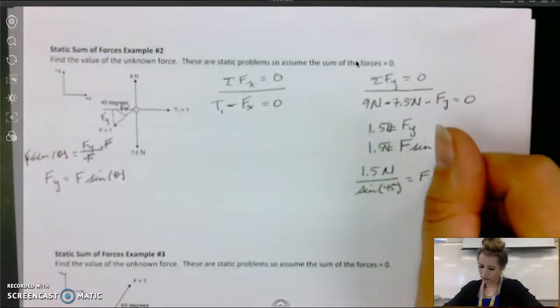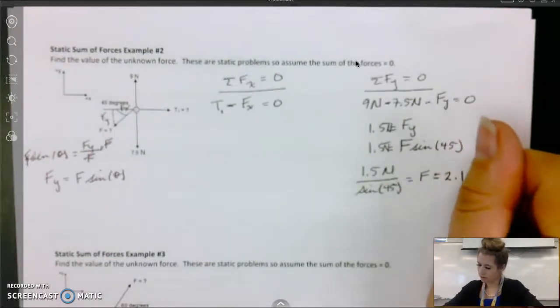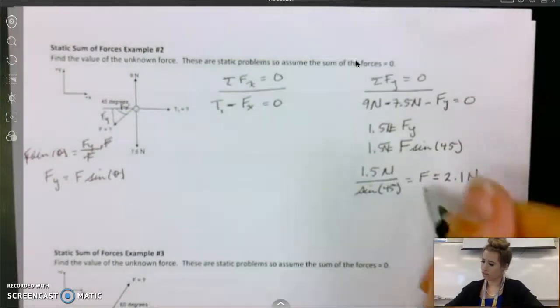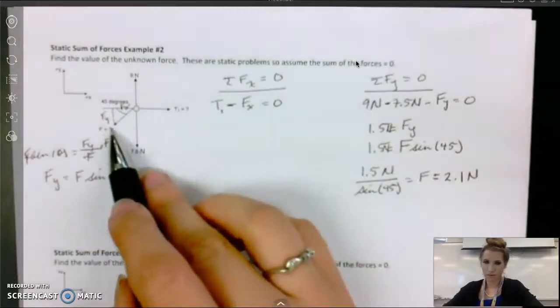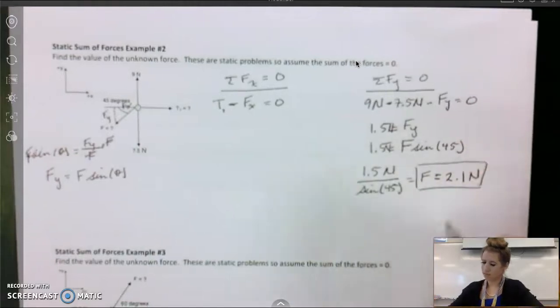Okay, so that is 2.1 newtons. Okay, nice. So we figured out one of our unknowns. F is equal to 2.1 newtons.